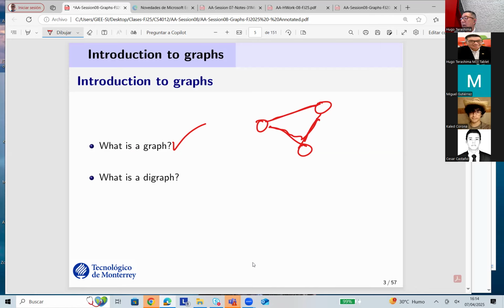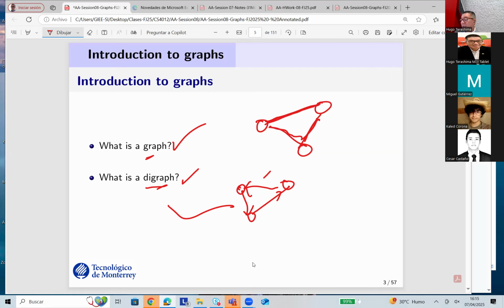And when I say a graph, it means that the connections, these arcs, are not directed, as in the case when I use a digraph. In a digraph, the connections, the arcs, have direction.